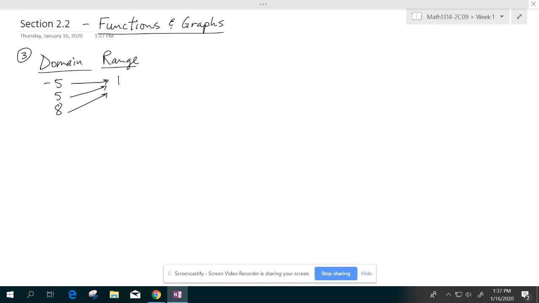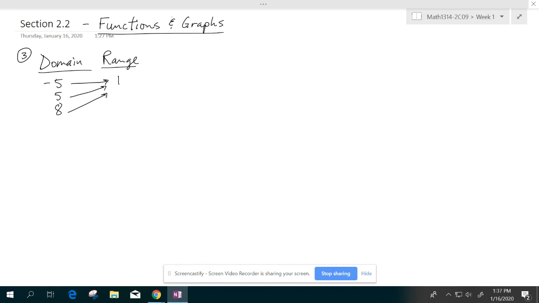And the way that you can tell whether it's a function or not is if any element of the domain maps to more than one element in the range. So if -5 was going to 1 and somebody else, then -5 would violate the rule, and this would not be a function.